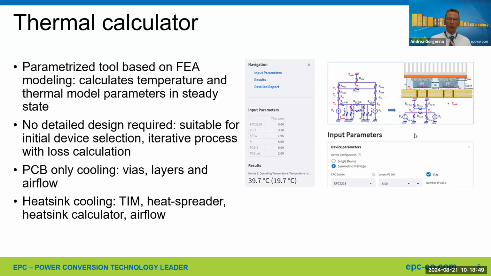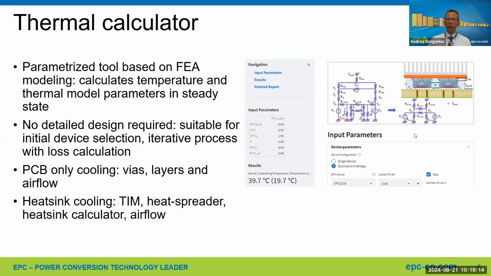Mainly there are PCB cooling options, which are very common. You can see the actual illustration here on the right-hand side that has all of them. PCB cooling to the bottom, and you have the ability to input the vias, the layers, and the airflow, because those are the main parameters that will affect the PCB cooling, as well as heatsink cooling.